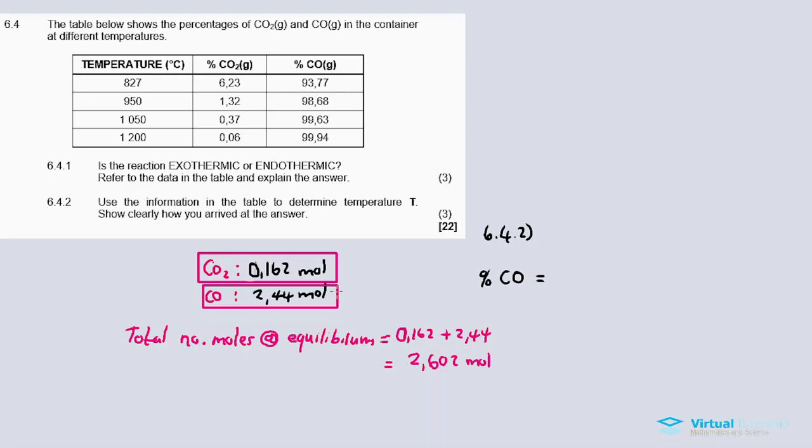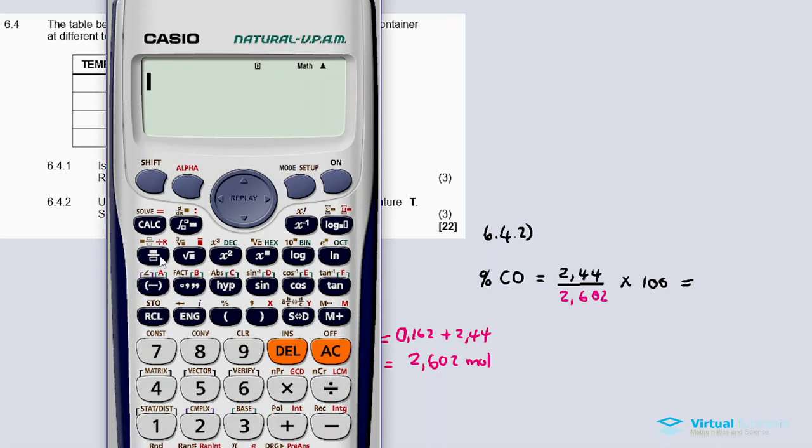To calculate the percentage, you divide the number of moles for carbon monoxide by the total, times 100%. So therefore it's 2.44 divided by 2.602 times 100, which is equal to what? Let's calculate: 2.44 divided by 2.602 times 100.